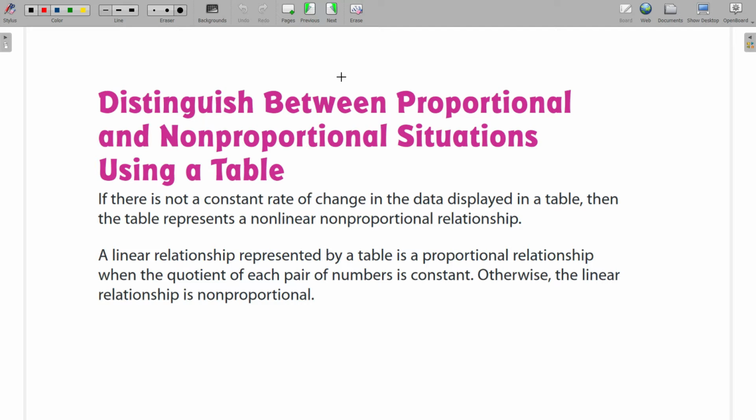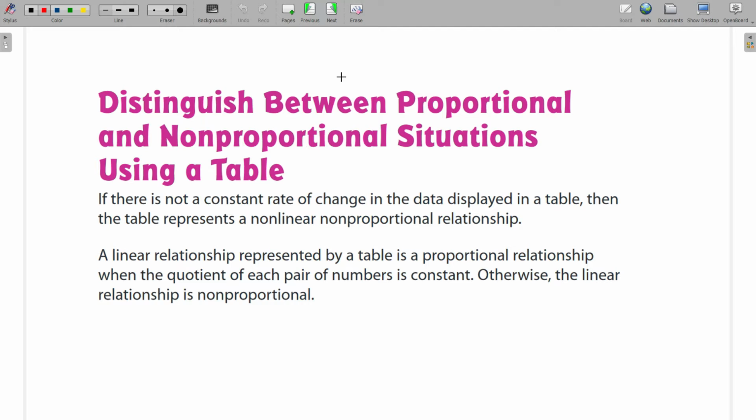So in this passage, they're telling us how we determine whether something is proportional or non-proportional by use of a table. When we look at numbers in a table, they can be one of two things. They can be either nonlinear or linear. If they are nonlinear, then they're absolutely going to be non-proportional at the same time. However, if you have numbers in a table that are demonstrating a constant rate of change, that means they are going to be linear.